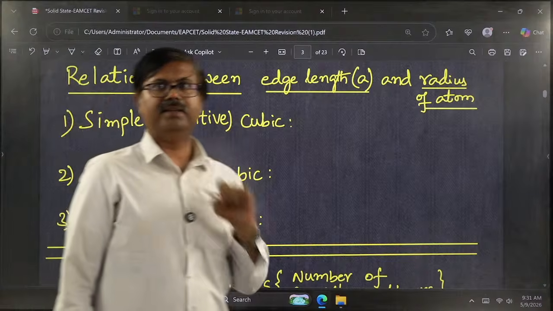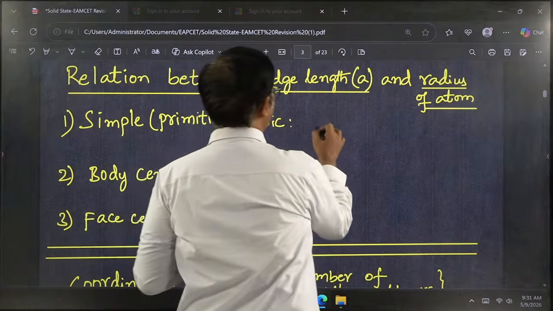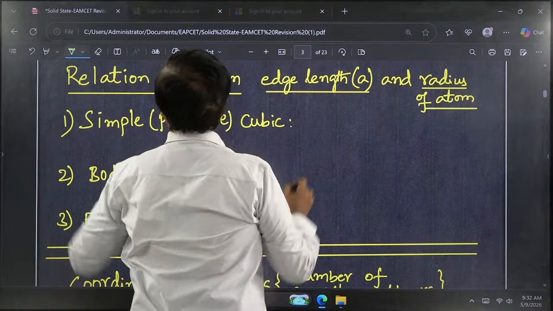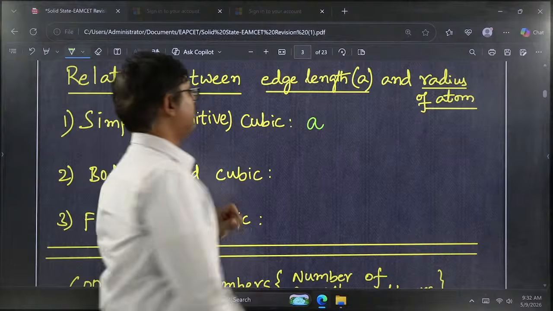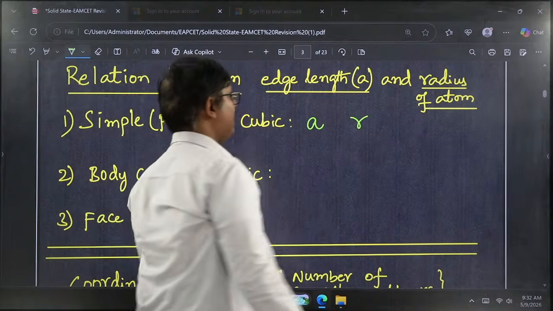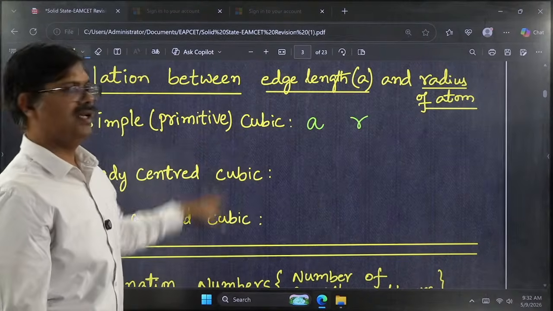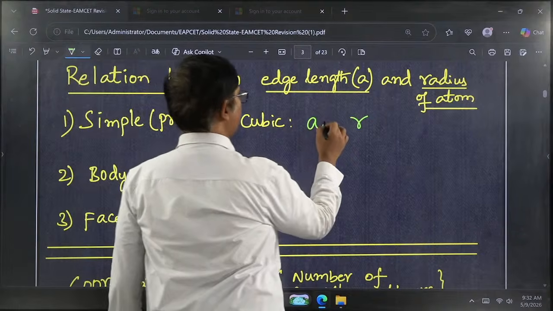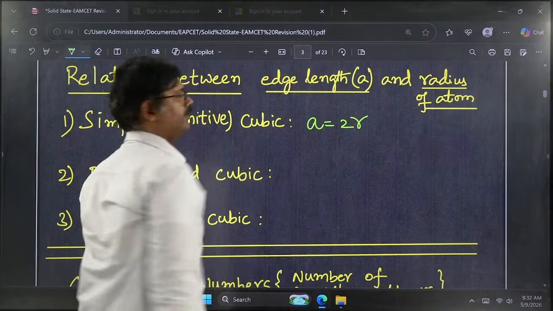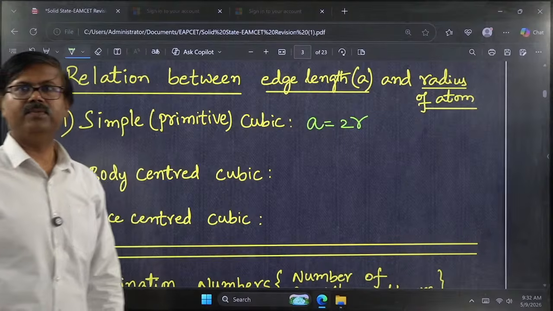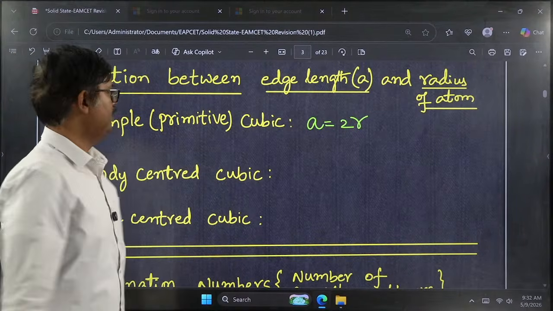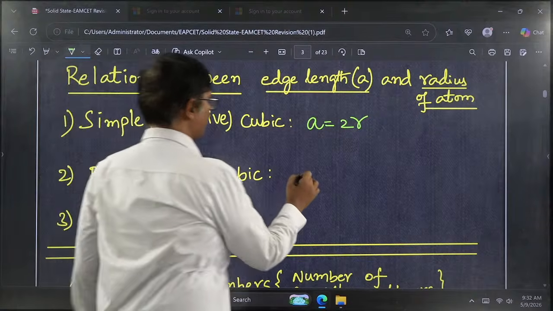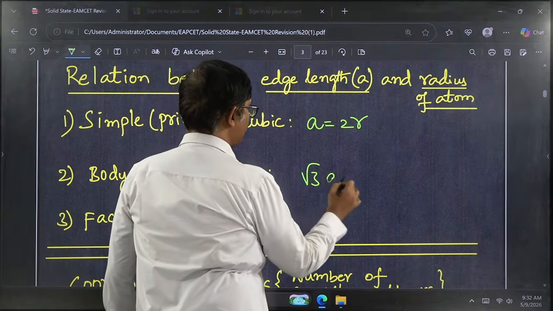The cube has the edge length, let's call it A, and the radius of the atom is R. So what is the relation between A and R in each case? In case of simple cubic, A is equal to 2R. In case of body centered cubic, root 3A is equal to 4R.